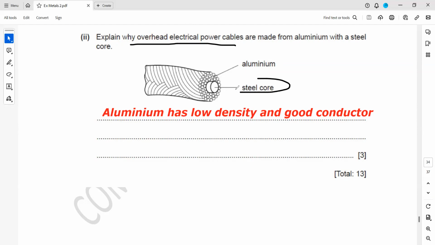But why is there a steel core? To increase the strength.